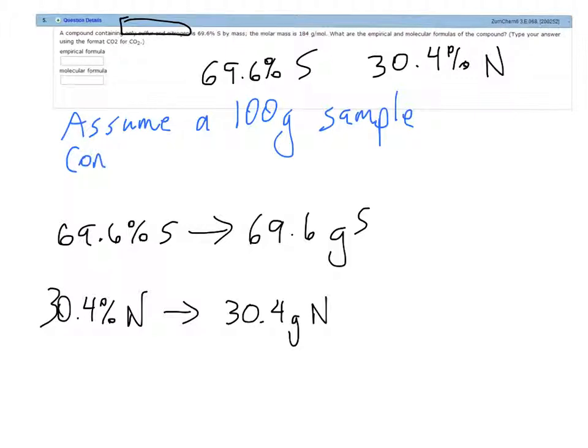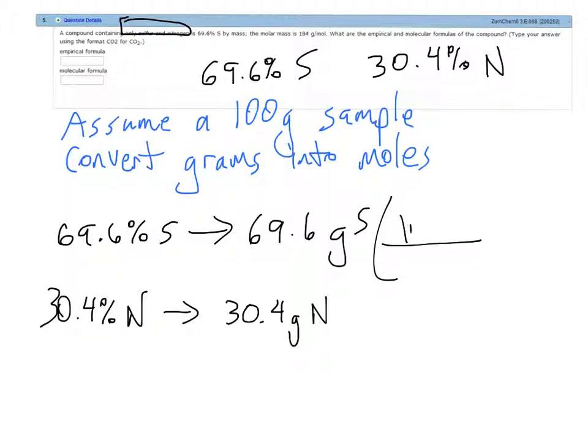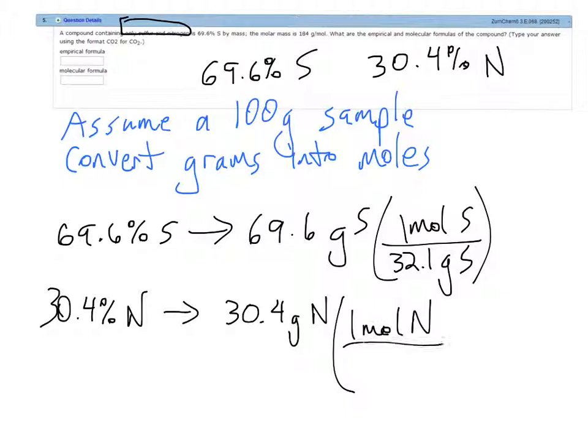Secondly, let's convert grams into moles. And the way we'll do that is divide by the atomic weight of each of the elements. So we've got sulfur, 1 mole of sulfur. If you look up on the periodic table, you'll find 32.1 grams. And for nitrogen, 1 mole of that is equal to 14 grams.